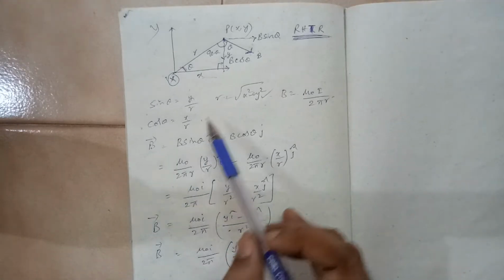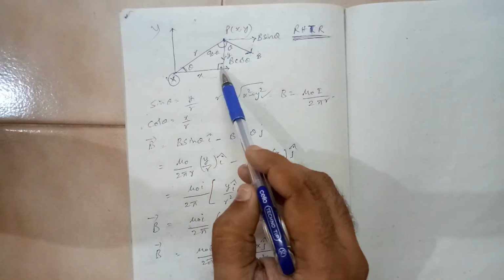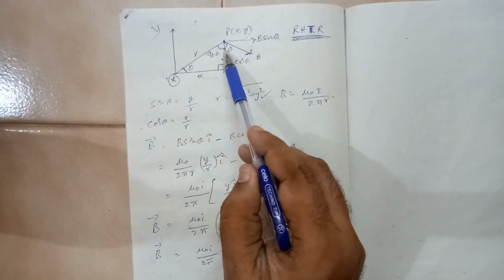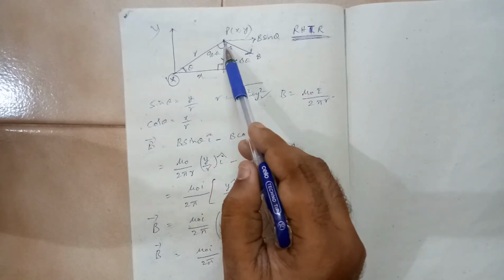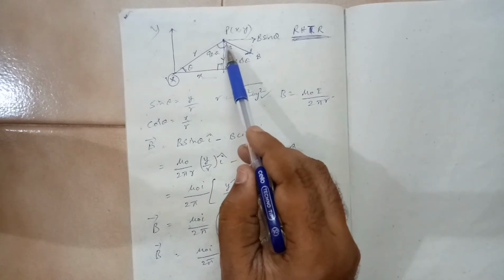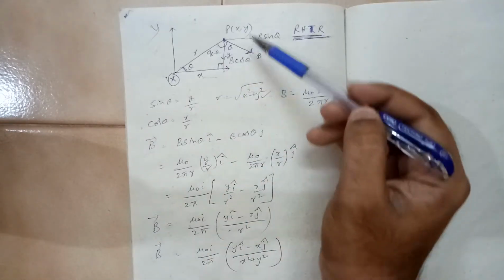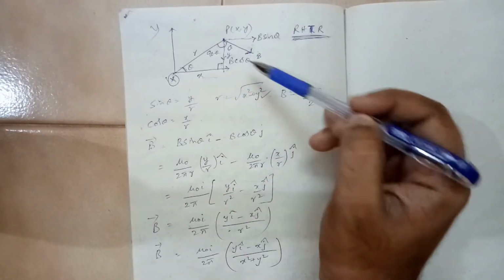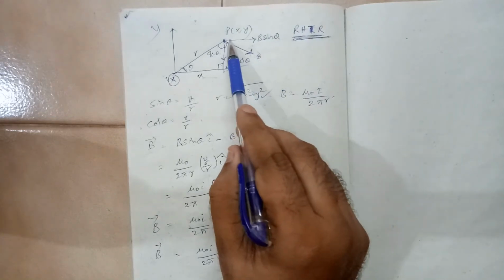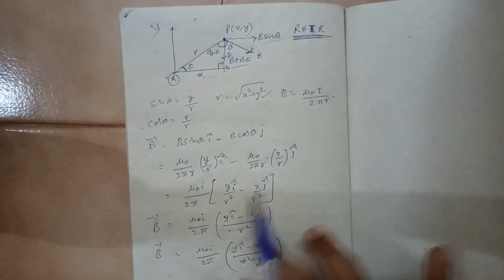So if this is theta, this is 90, so this will be 90 minus theta. So this small angle again will become theta. If this is B and this is theta, this component, which is the vertical component, will be B cos theta, and the horizontal component will be B sin theta.